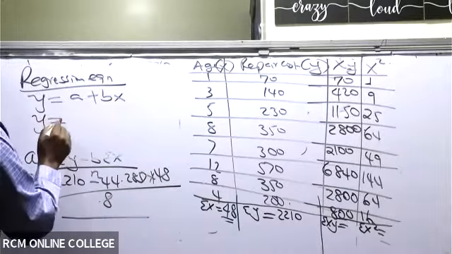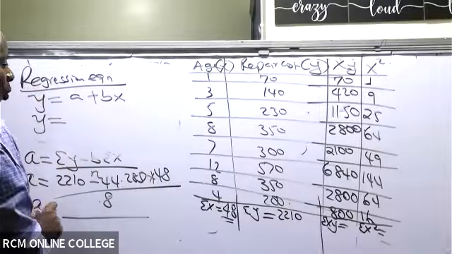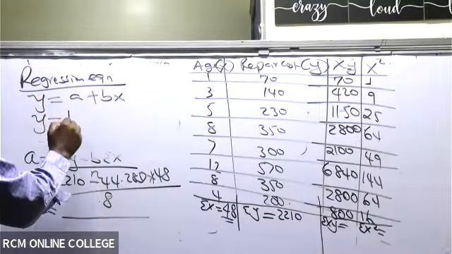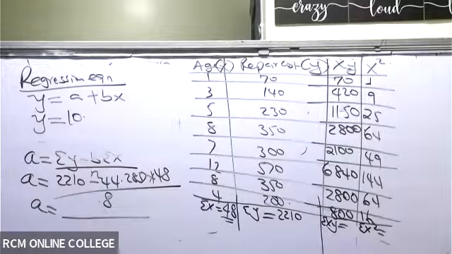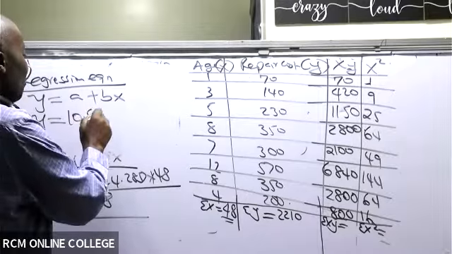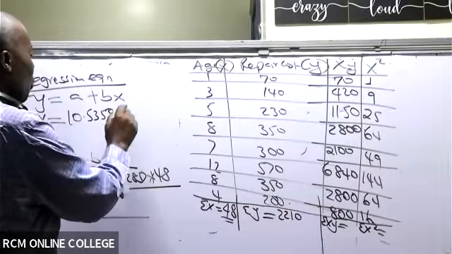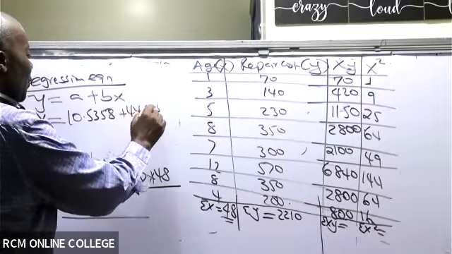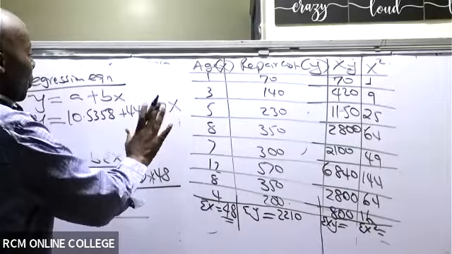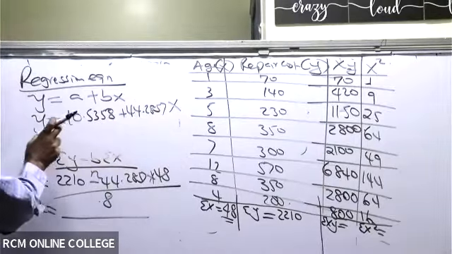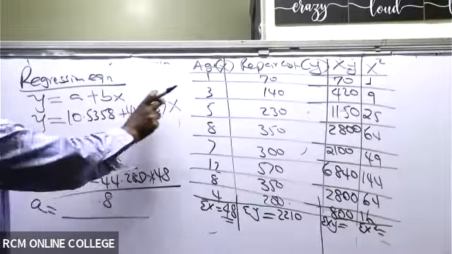So my y will be equal to a that we got here, which unfortunately I have wrapped, but I remember it was 10 point something, 10.5358, plus b, which is 44.2857 x. Remember, the regression equation gives us the connection between the dependent variable and the independent variable.